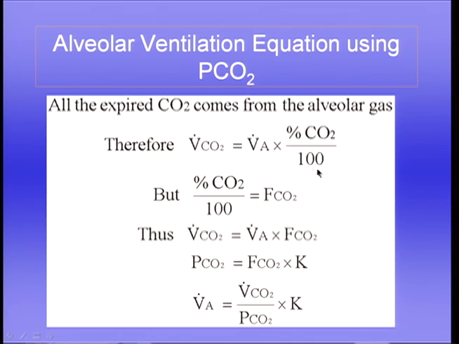So what you can do then, instead of using the percentage concentration of CO2, is use what's called the fractional concentration. All the percentage concentrations add up to 100, and the fractional concentrations add up to 1. So if we've got, say, 5% CO2, the fractional concentration is 5 over 100, or 0.05.